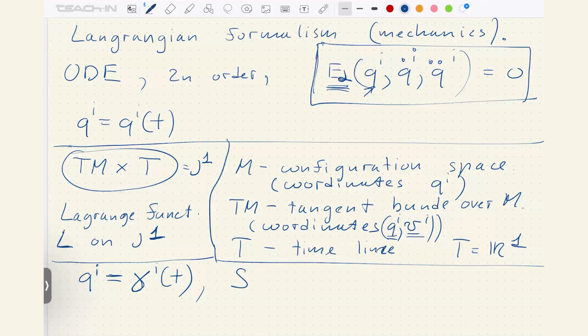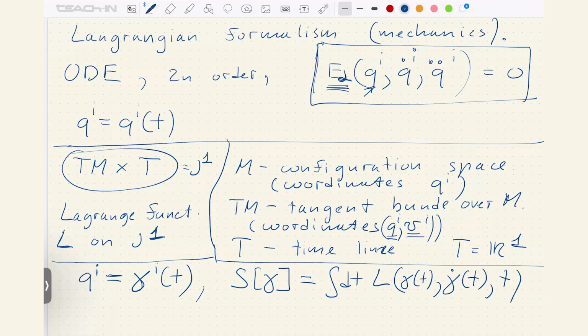So we can associate to this trajectory the following number, which is the integral over dt of the Lagrange function of gamma of t and gamma dot of t. And in general, of course, our Lagrange function may depend on t as well.